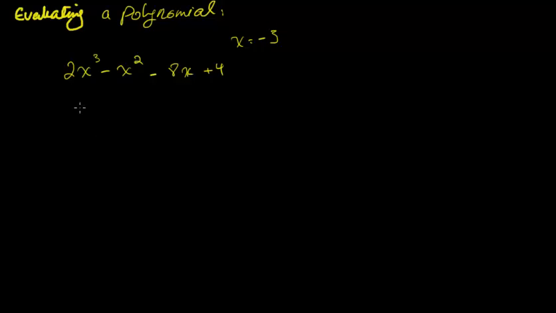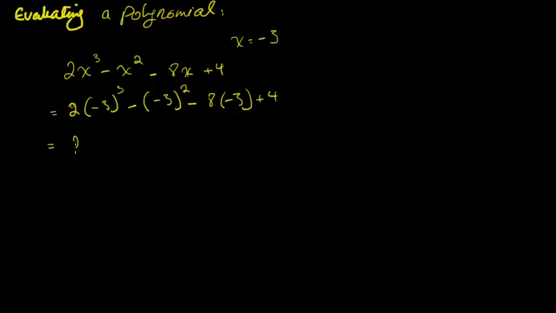When we are plugging in the numbers, we have to watch out for parentheses and negatives, because that is the cause of many mistakes we make in our simplifying process. We'll have 2(−3)³ − (−3)² − 8(−3) + 4.